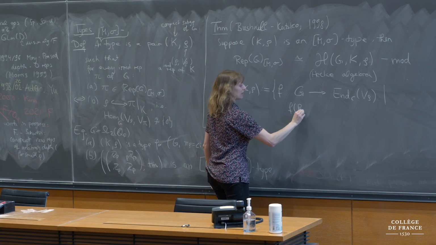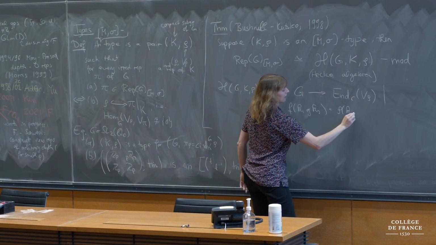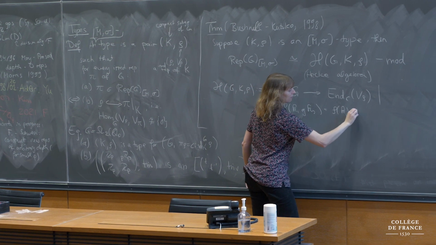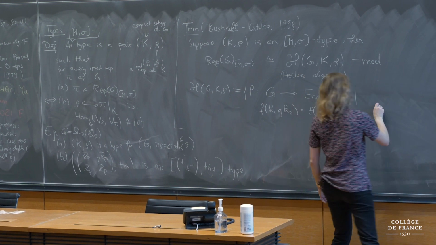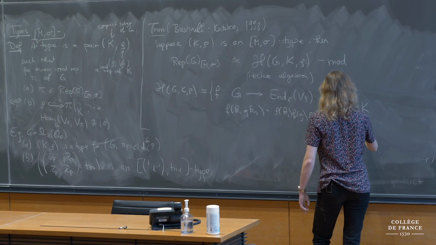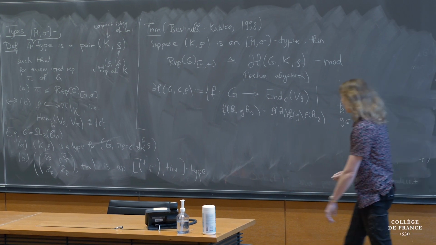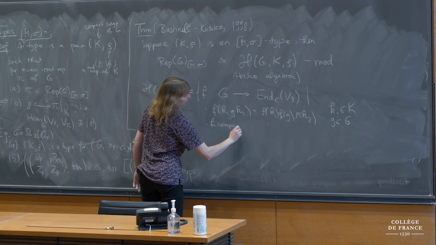So f of k1 g k2 is equal to rho of k1 f of g rho of k2. Again, the k_i, small k in capital K and g, small g in capital G. And also, f should be compactly supported.